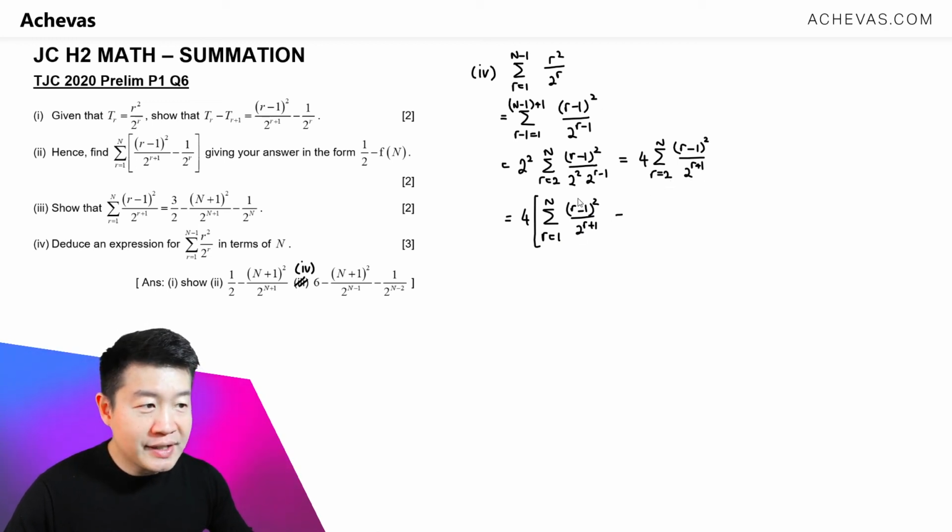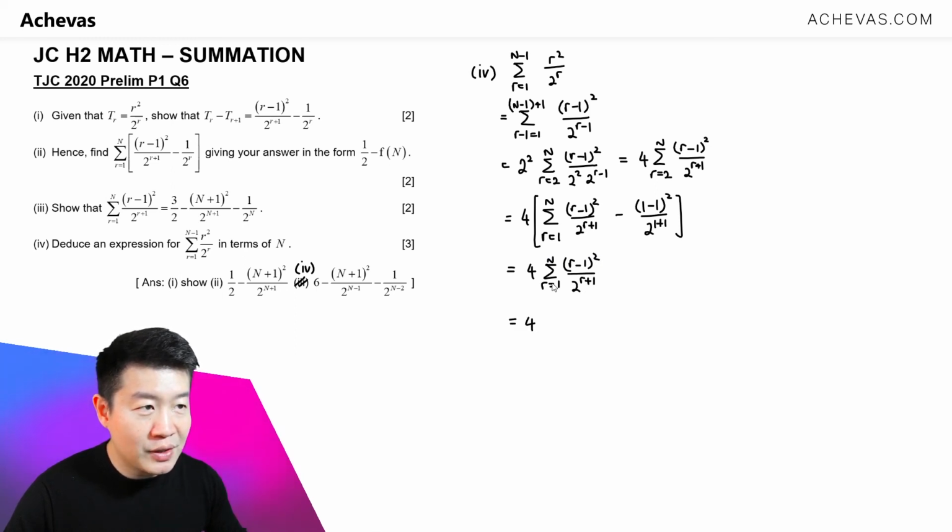So I will minus away the term when r is 1, which will then mean that together r will be starting from 2. So minus away the term where r is 1 will be 1 minus 1 square, nice, because it's going to be equal to 0, divided by 2 to the power of 1 plus 1. So this is 0, which means that this is going to be reduced to 4 multiplied by the sum from r equal to 1 to n of r minus 1 square divided by 2 to the power of r plus 1.